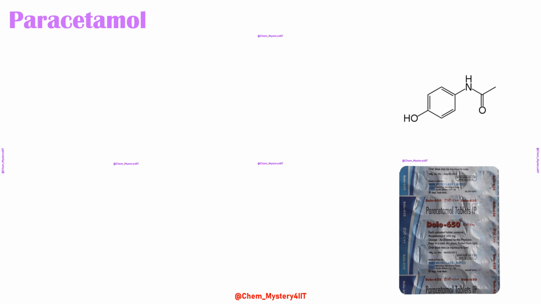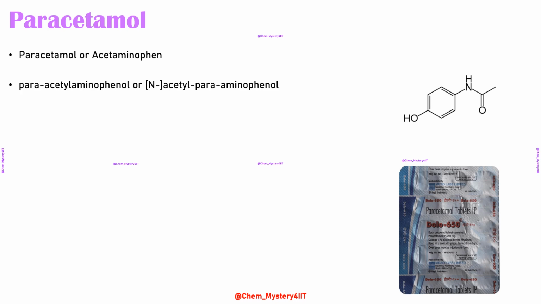Talking about paracetamol, we have another very similar analgesic and antipyretic. We sometimes call this acetaminophen as well, which comes from its name, para-acetyl. If the acetyl group was not there, this would have been NH2 and OH, para-aminophenol.